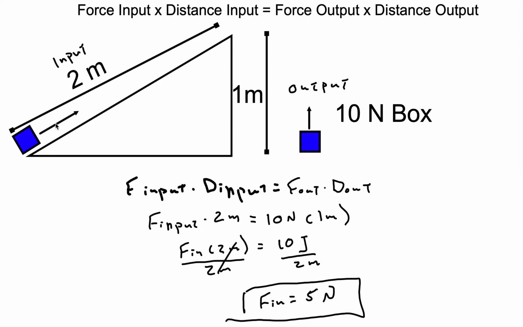So anytime you use a simple machine, it will take more time than if you didn't, because you have to move your force over a bigger distance. It takes more time to walk up that ramp than it does to walk up the stairs. But the force required is less to walk up the ramp.